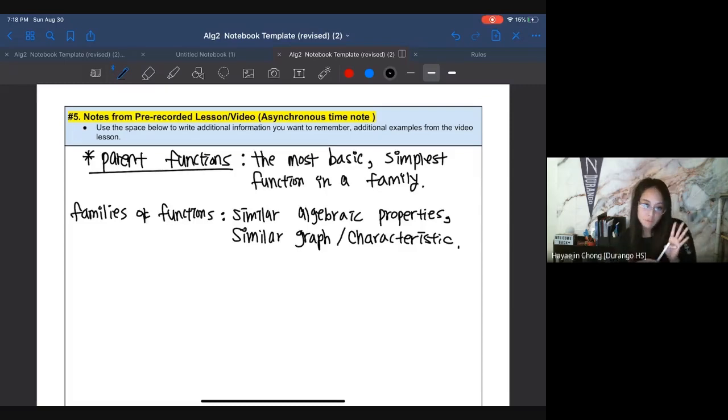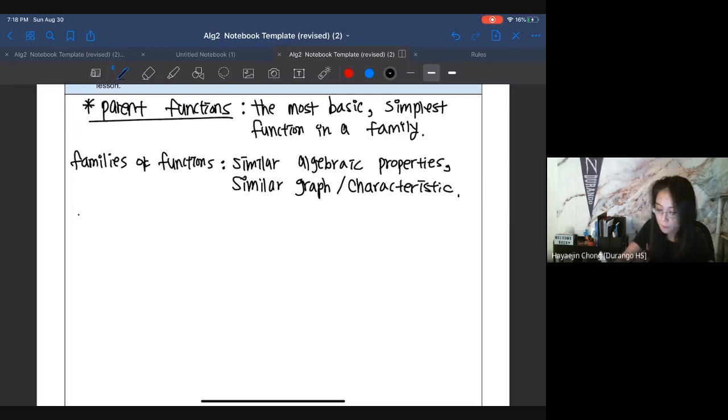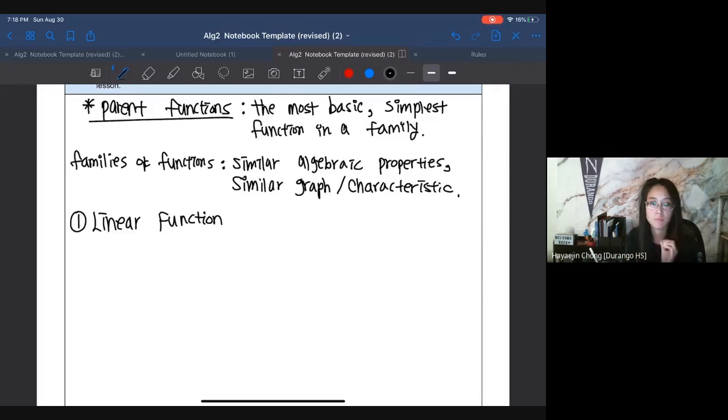So we have linear functions. We might have something else like quadratic functions, but the most basic, the simplest function in a family is called the parent function. So let's go over linear functions, because this is the most basic one.